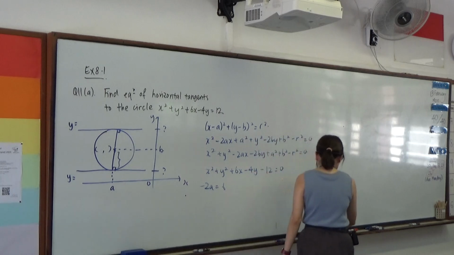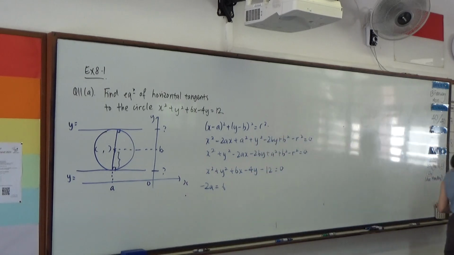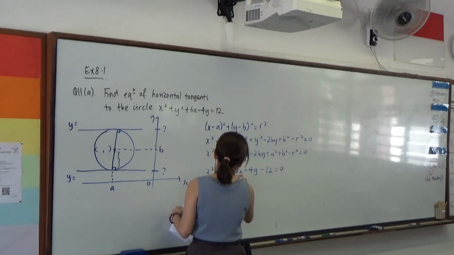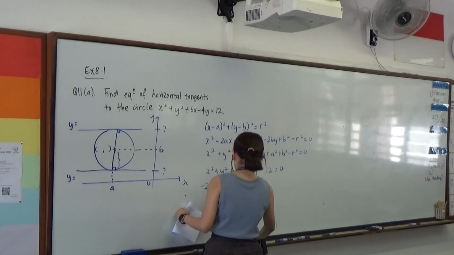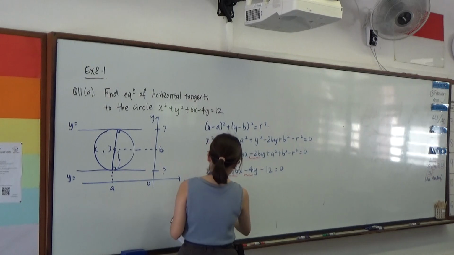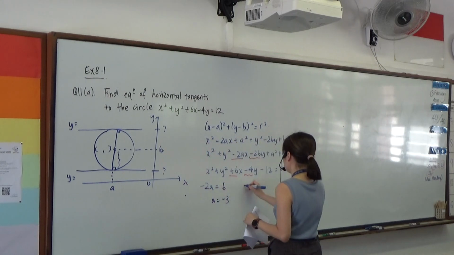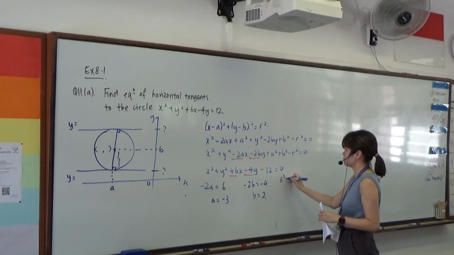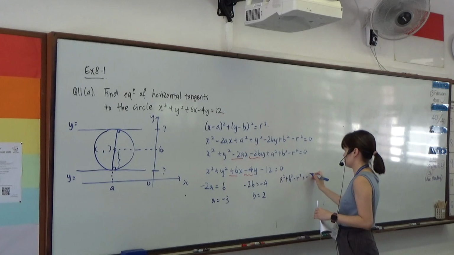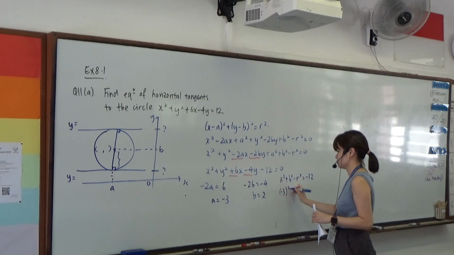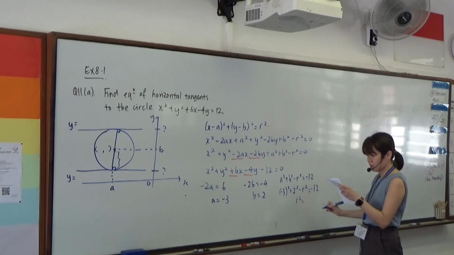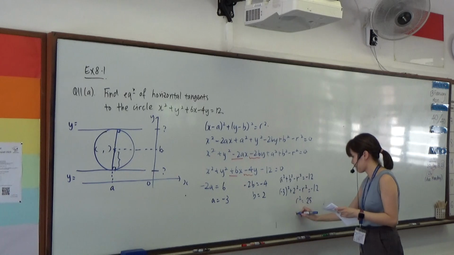By comparison, we find that A is -3, B is 2, R square will be equal to 25.